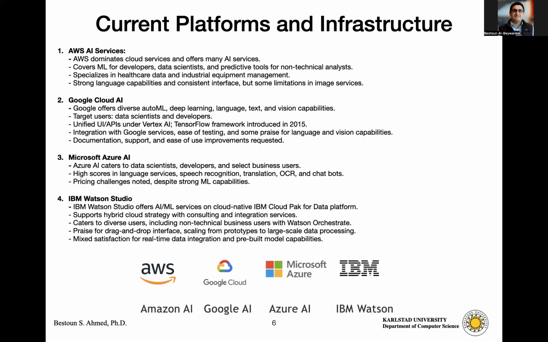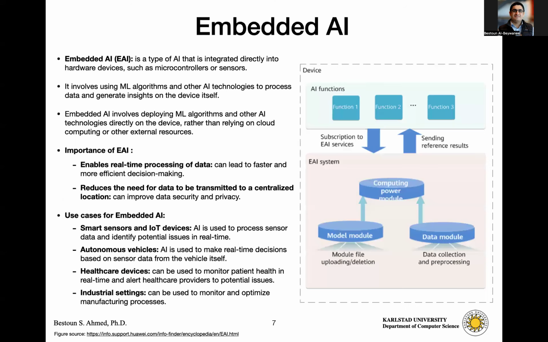IBM Watson is another one. Of course, these platforms provide some free services just for limited time or limited space, just to let you know how it works. And then if you want more services, you have to pay for them.